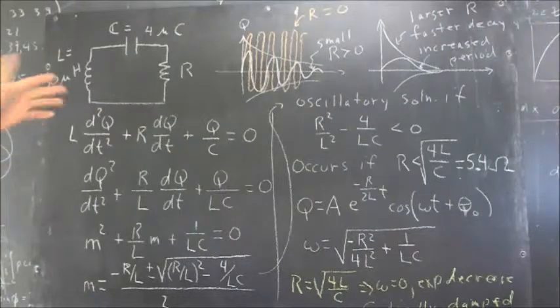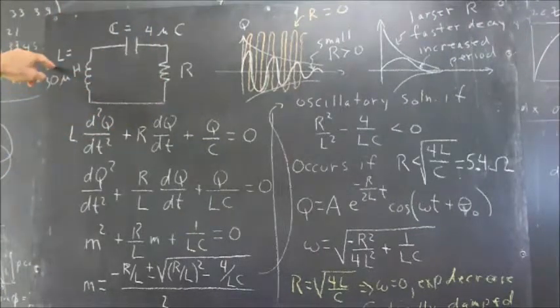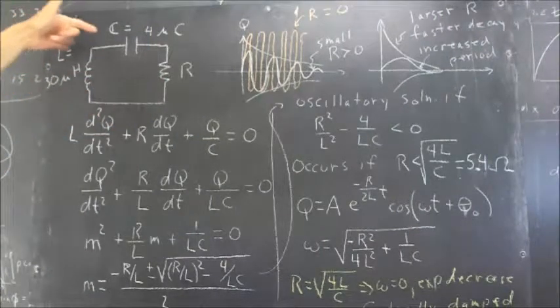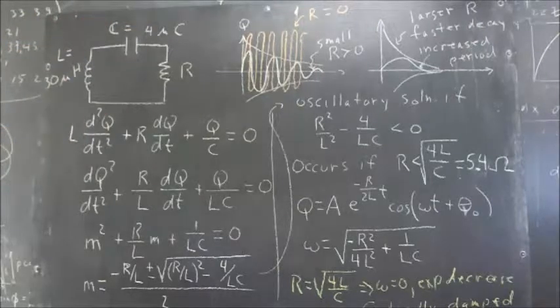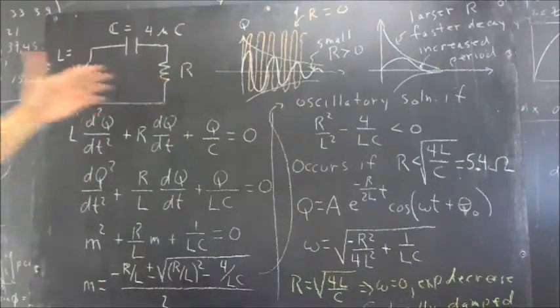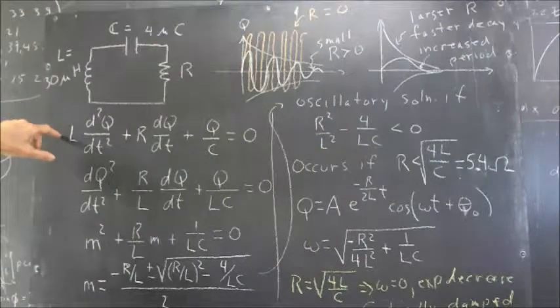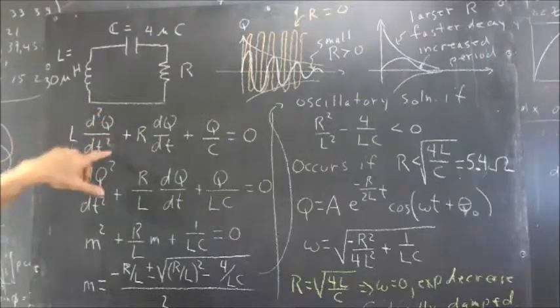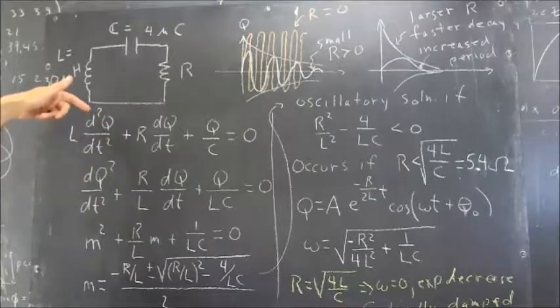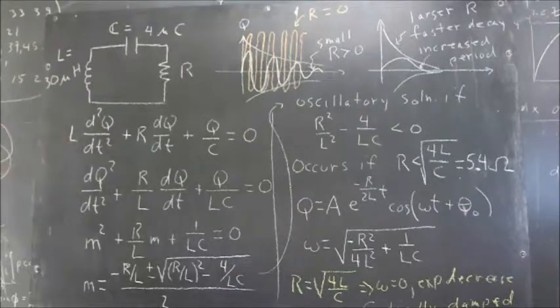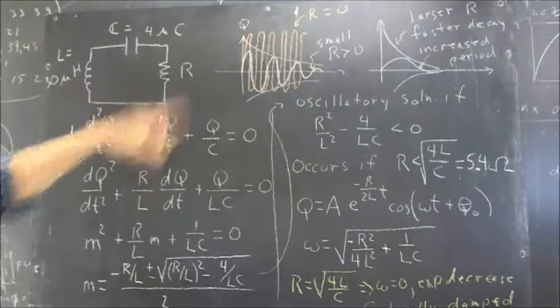Okay, as promised, here's a circuit with an inductor, the same inductor we had in the previous example, the same capacitor, and a resistor this time. So, what's the equation that governs this? Well, as before, the voltage drop across the inductor is L times the second derivative of the charge with respect to t, that's the derivative of the current with respect to t, plus R times the current.